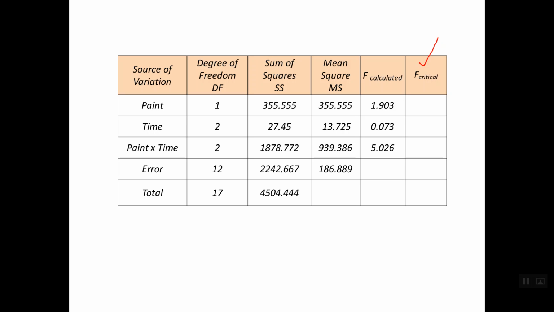So in order to get the value of the critical F for the first factor, the value of alpha is 0.05. We should take the degrees of freedom here, 1, into consideration, and the other value of the degrees of freedom is the degrees of freedom for the error, which is 12.